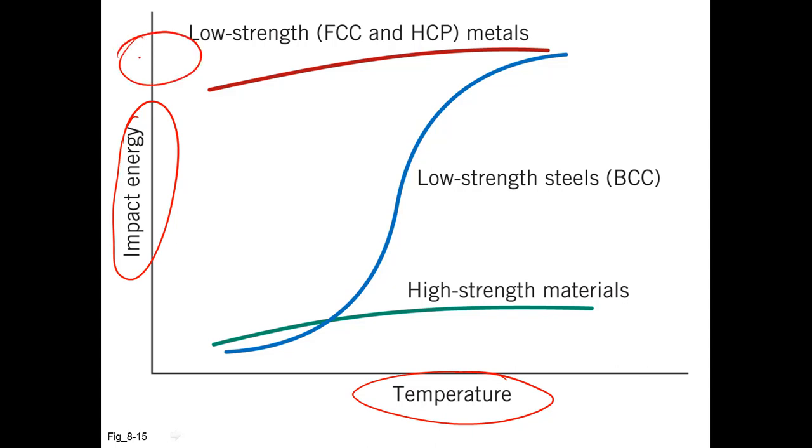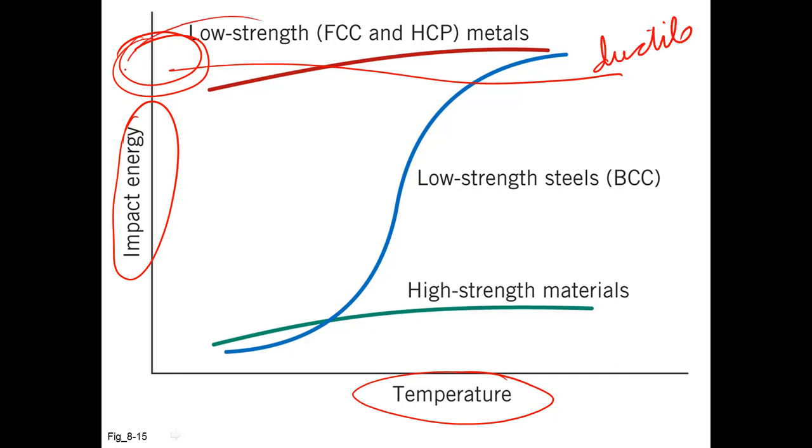Up here we'd say these are rather ductile materials that have high impact energy regardless of temperature. So they're pretty ductile. They can absorb a lot of energy upon impact.